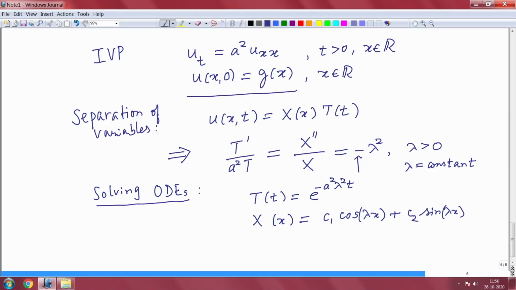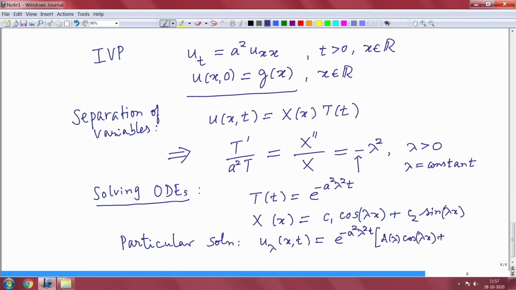So, in particular, we obtain a particular solution which we denote by u lambda, because it depends on lambda: e to the minus a square lambda square t times, let me write a lambda instead of C1, so these also can depend on lambda, cos lambda x plus b lambda sin lambda x.